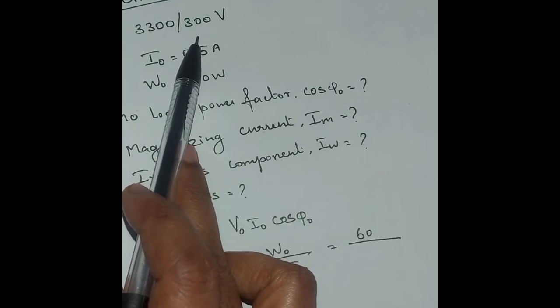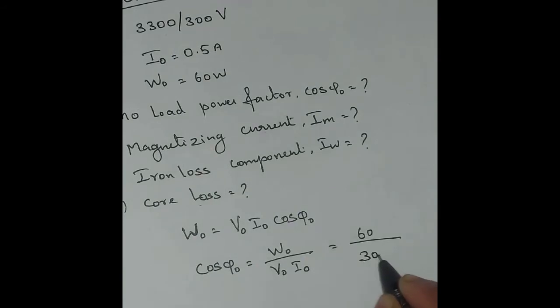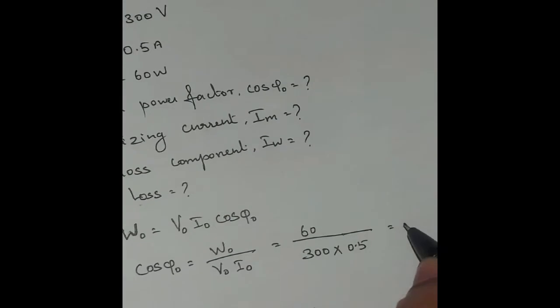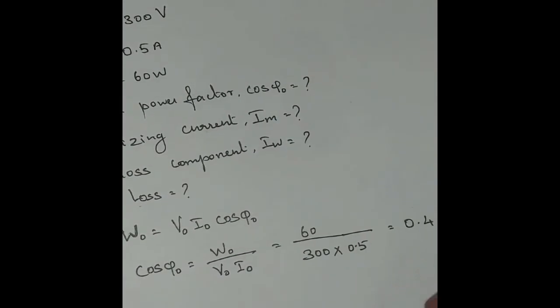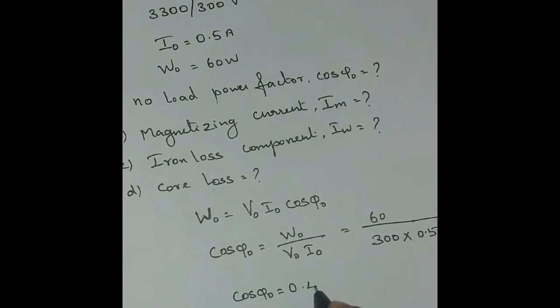Hence, V naught is taken as 300 volt. So, V naught 300 multiplied by I naught, which is 0.5. Solving this, we will get the value as 0.4. So, now the no load power factor cos phi naught is equal to 0.4.